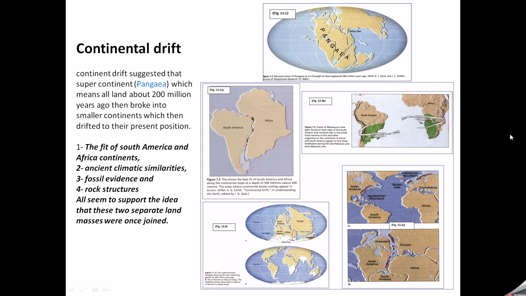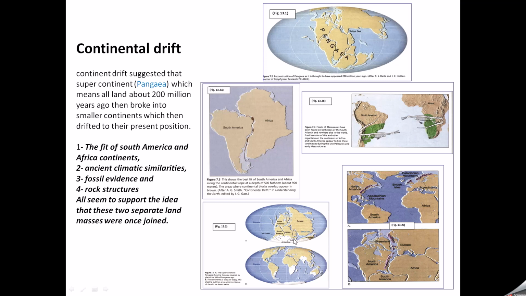So, what are the observations? If you look at South America and Africa, they can fit. You can match them together. This is the first observation. Second, ancient climate similarities.